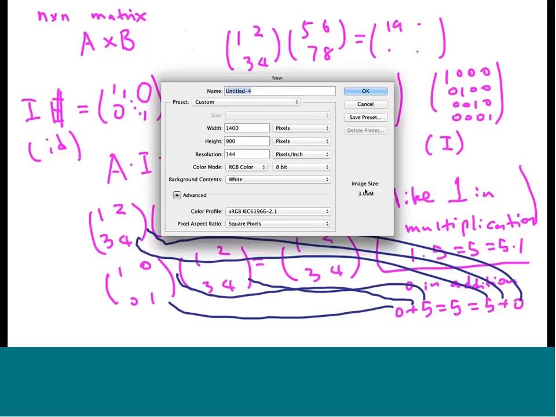For example, when you solve an equation like 5x equals 2, how do you do it? x equals 5 inverse times 2, right? So you need to know the inverse.